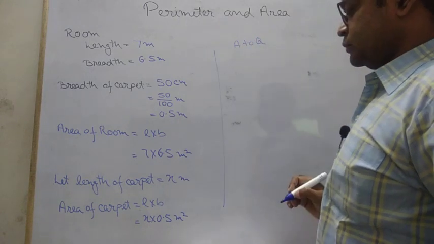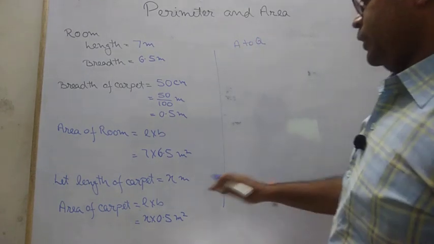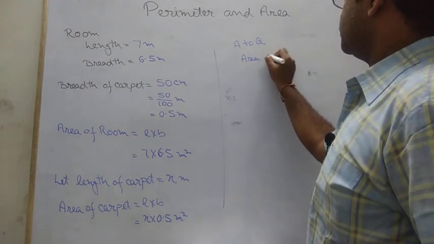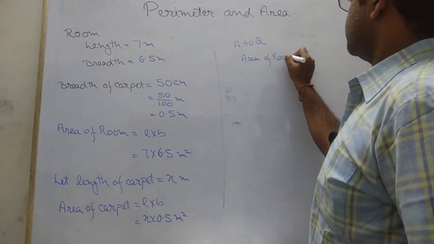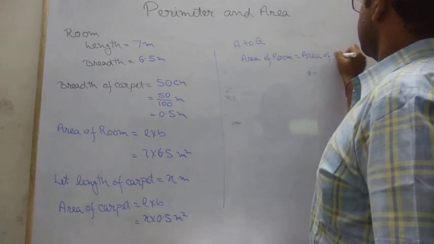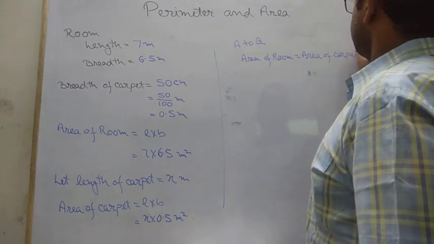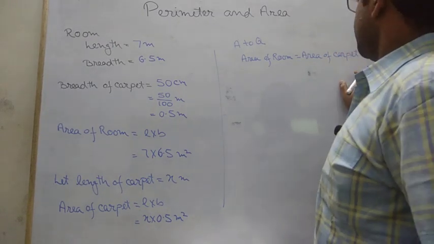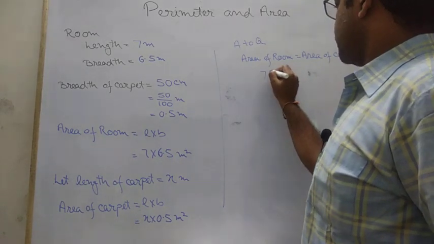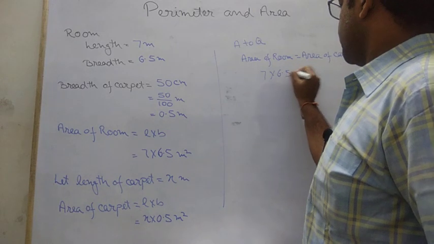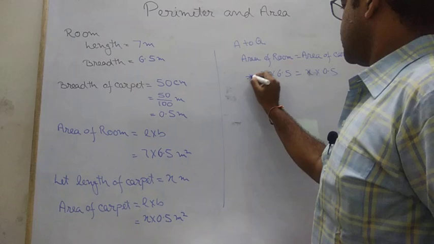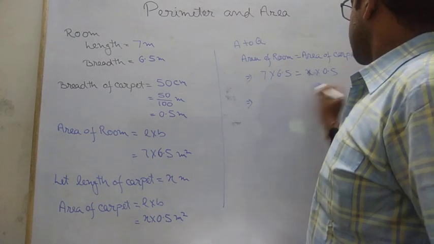According to question, what we have? We have area of room equals area of carpet. So area of room equals 7 into 6.5, area of carpet x into 0.5. Use the implies sign. Now what is x?